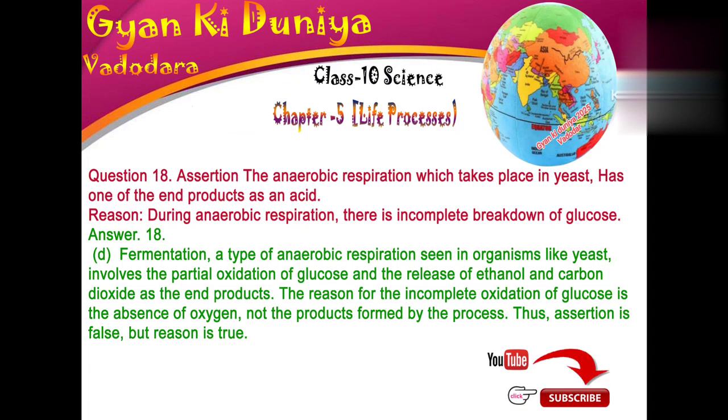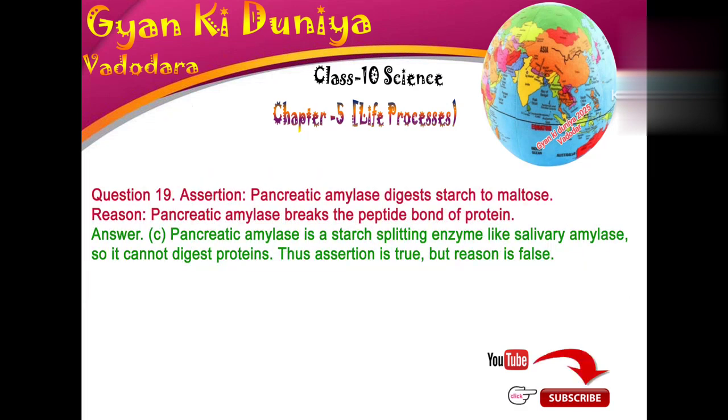A type of anaerobic respiration seen in organisms like yeast involves the partial oxidation of glucose and the release of ethanol and carbon dioxide as the end products. The reason for the incomplete oxidation of glucose is the absence of oxygen, not the products from the process. Thus assertion is false, but reason is true.